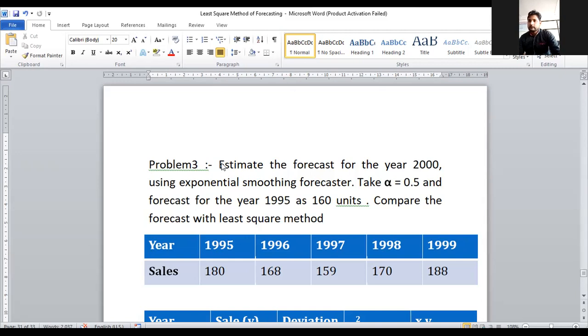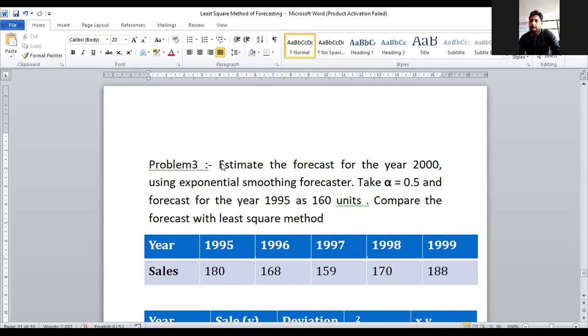Take alpha is equal to 0.5 and forecast for the year 1995 as 160 units.